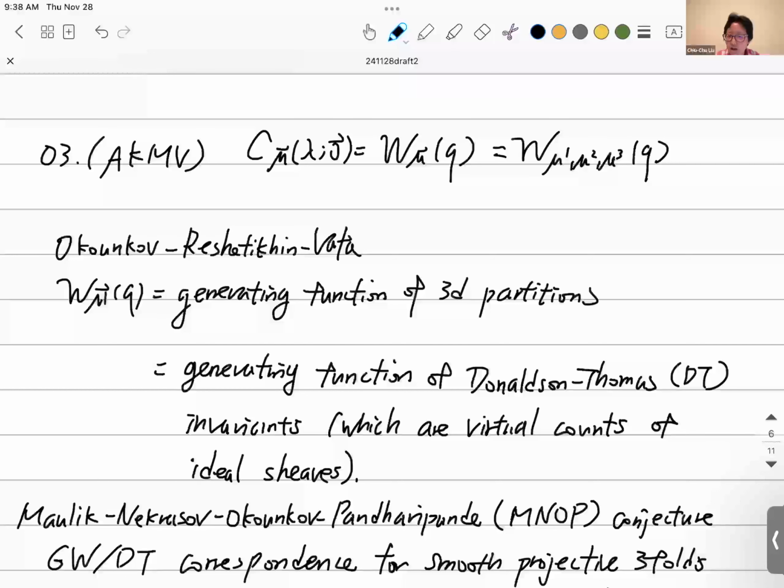Can I ask, what is the key fact to have such an independence of U1 over U2, since it was defined through localization first? Yeah, it's not obvious, and we prove it. It's a long technical lemma from our point of view, but actually it also follows from the Gromov-Witten DT correspondence.